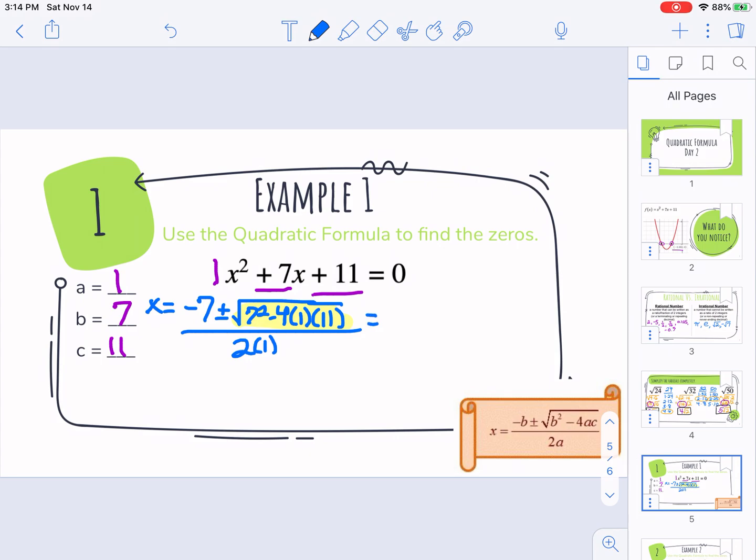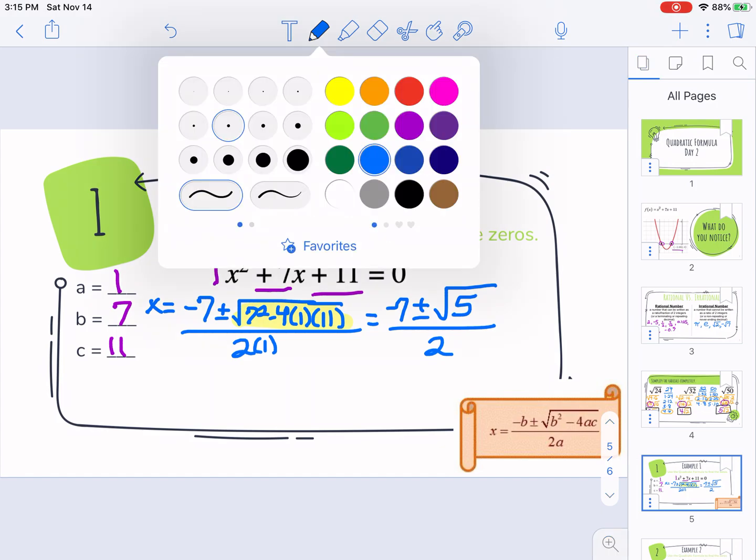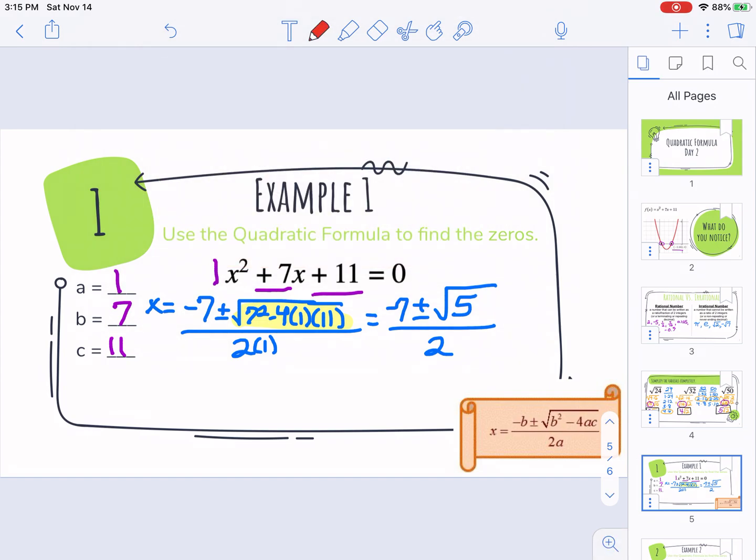So this will equal negative 7 plus or minus 7 squared is 49, and 4 times 1 times 11 is 44. So we have 49 minus 44, which will give us a 5. So we have negative 7 plus or minus the square root of 5 divided by 2. Because I don't know the square root of 5 and I can't simplify it anymore, it's a prime number, 1 times 5, that is our answer.